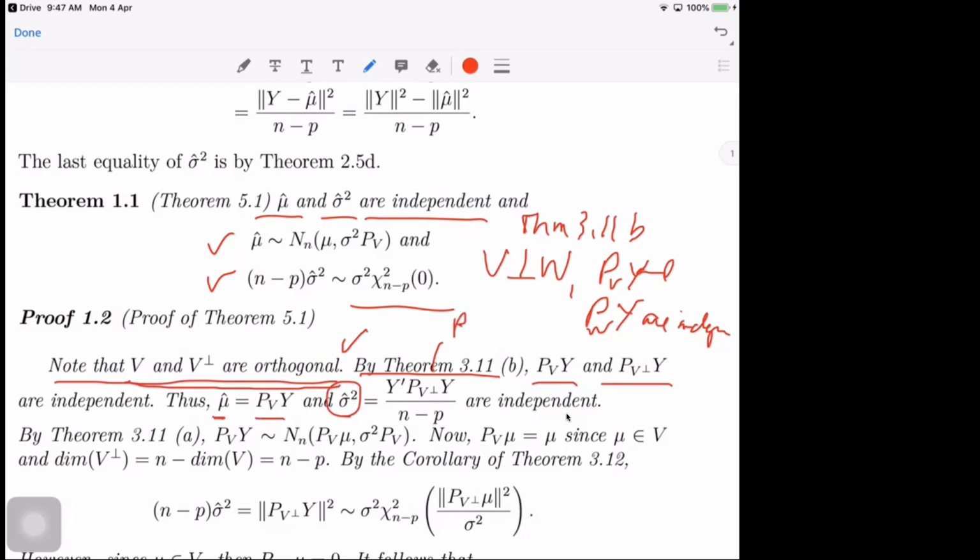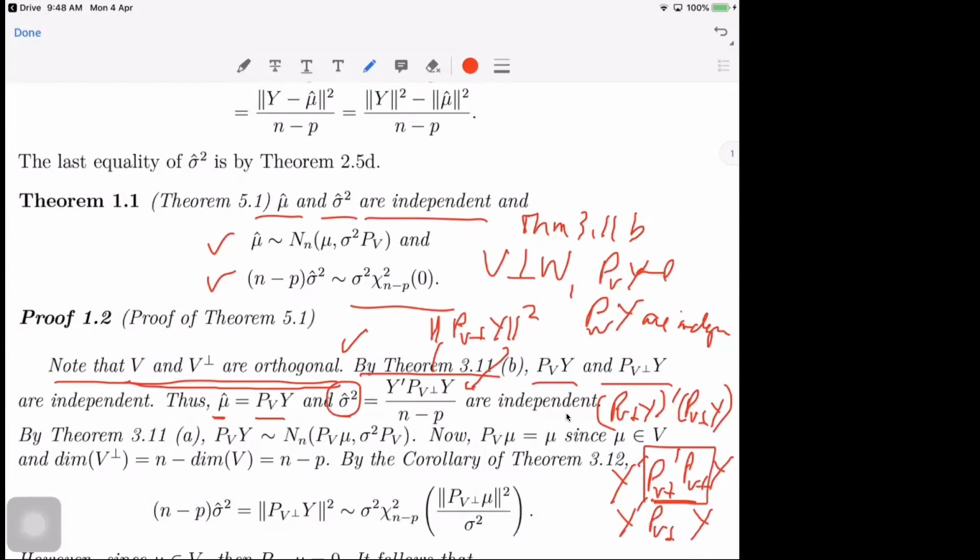So this is actually the squared norm of the projection of y onto b perp, which can be written in this manner: (b perp y) prime (b perp y), which can be written as y prime b perp prime b perp y, because in general it's equal to this.